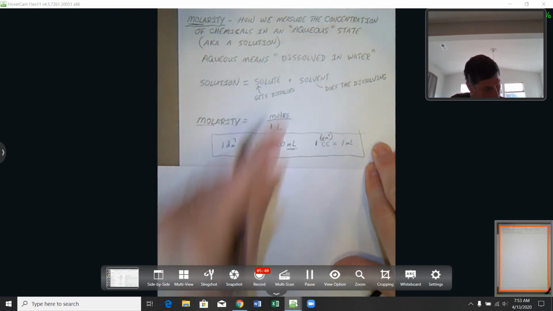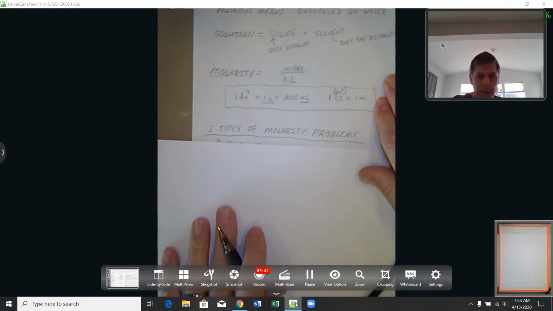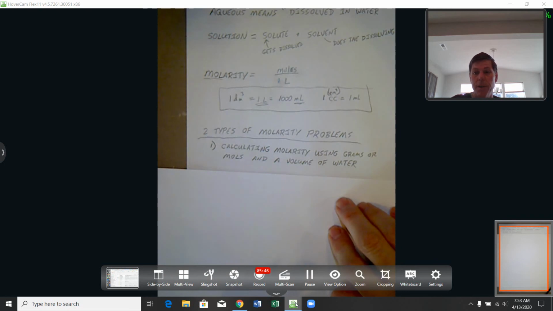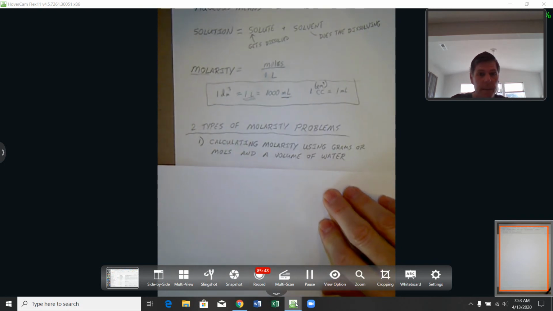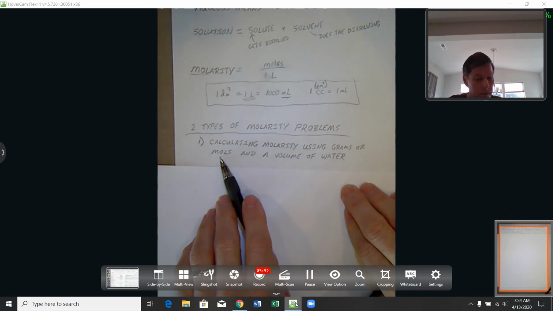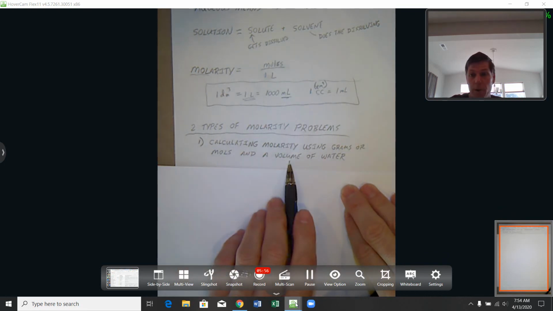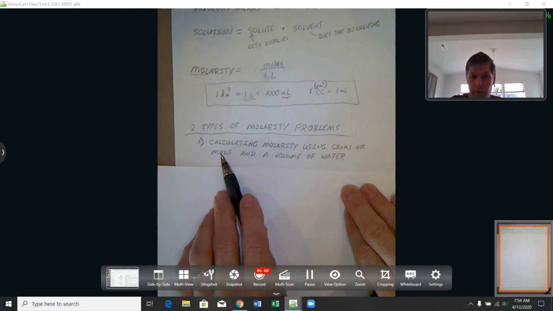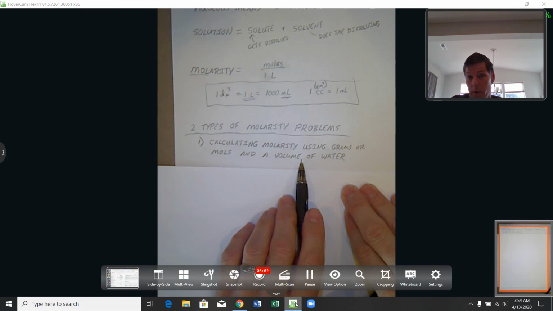There are two types of molarity problems. And we're going to actually have two different videos on this to show you how to solve these. The first one, calculate molarity using grams or moles, because remember you can take grams and convert it into moles, and a certain volume of water. I have to give you a gram value or a mole value, and I have to give you a volume of water.